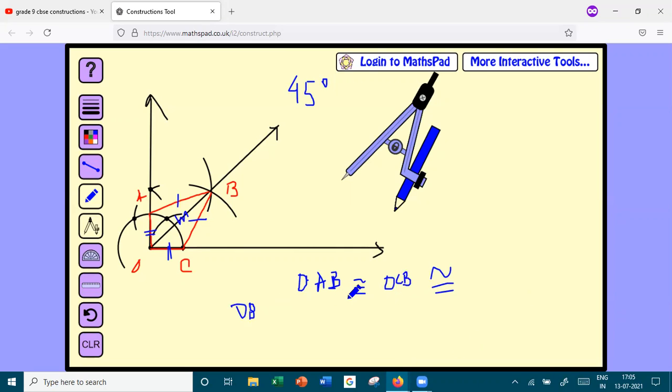Okay, because these two triangles are congruent, all the corresponding parts are equal, which means I can say that this angle is equal to this angle, and because this whole thing is 90 and these two are equal, 2 times angle AOB becomes equal to 90, and therefore angle AOB is equal to 45 degrees, right?